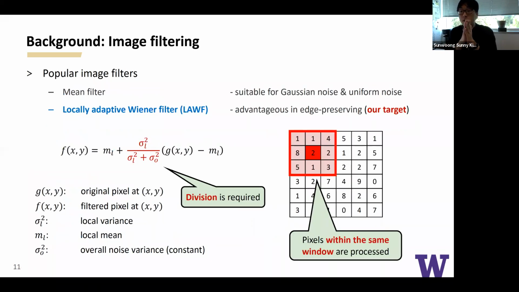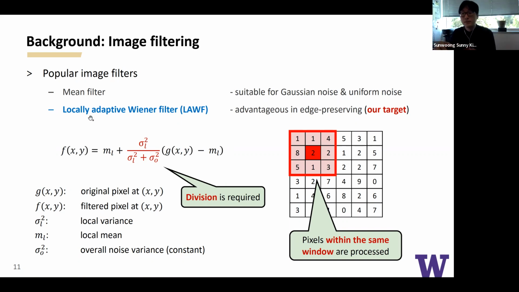And this time, I will introduce image filtering algorithms, which are our target application. One of the most popular and simplest image filters is the mean filter. It just averages the pixel intensity values in a window. It is well known to be effective in removing Gaussian noise and uniform noise, but it has the disadvantage of blurring the image.